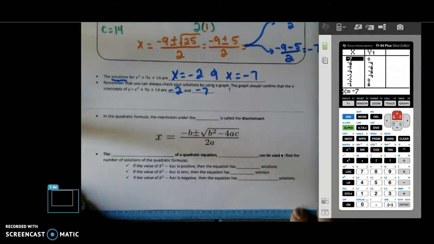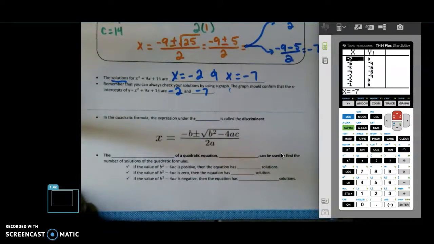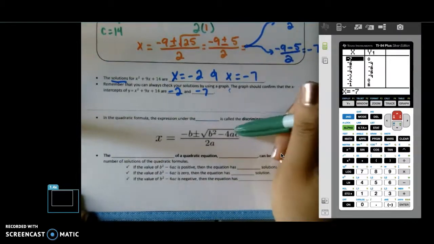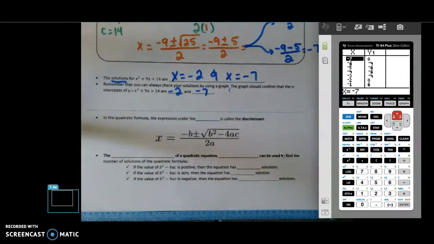All right, guys. Now, for the last part of this lesson, remember how I told you I was going to explain what's in that radical here? That's what I'm talking about.